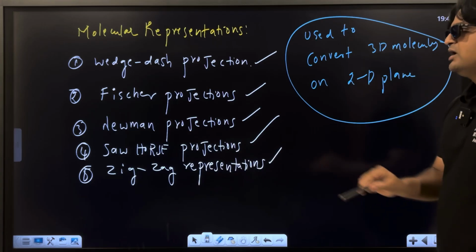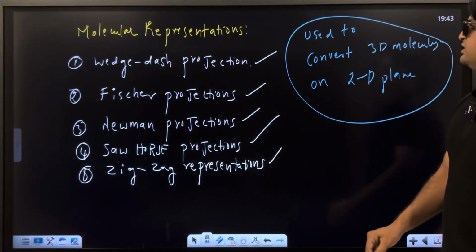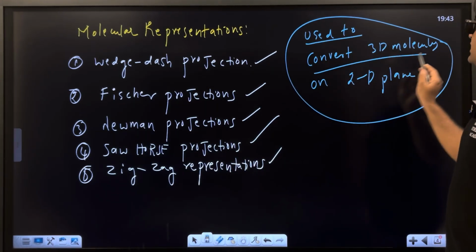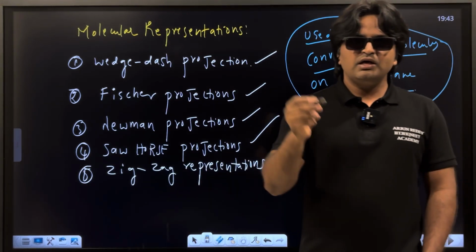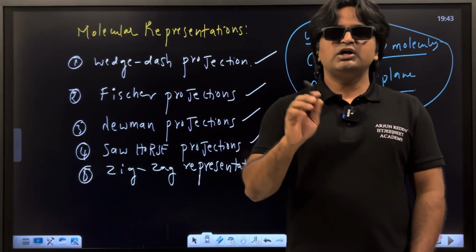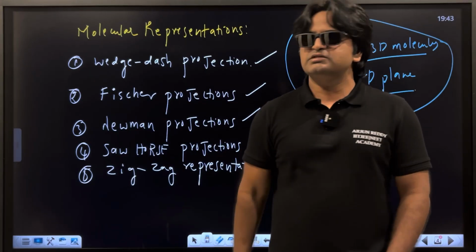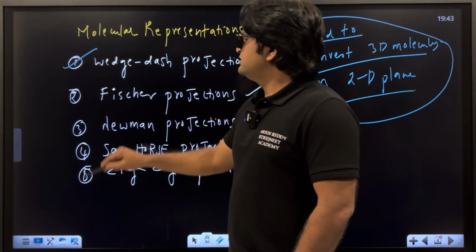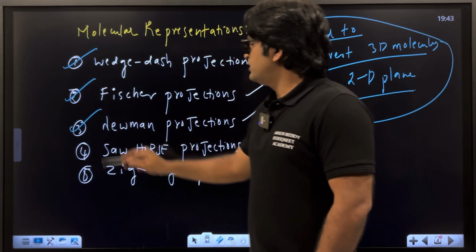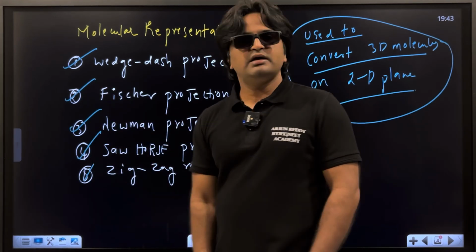Very, very important. Okay, that is the main purpose. So how many types of molecular representations do we have? We have wedge dash, Fischer, Newman, Sawhorse, and zigzag representations.